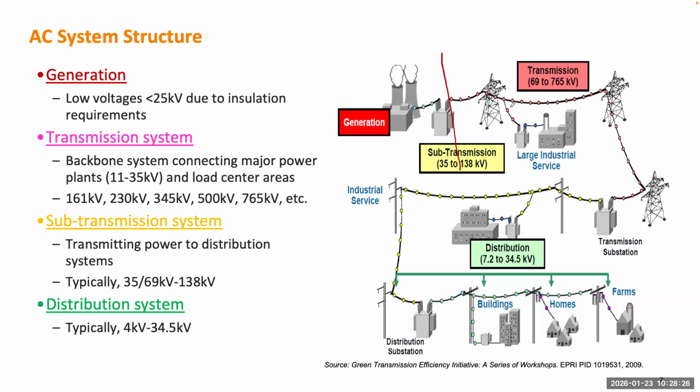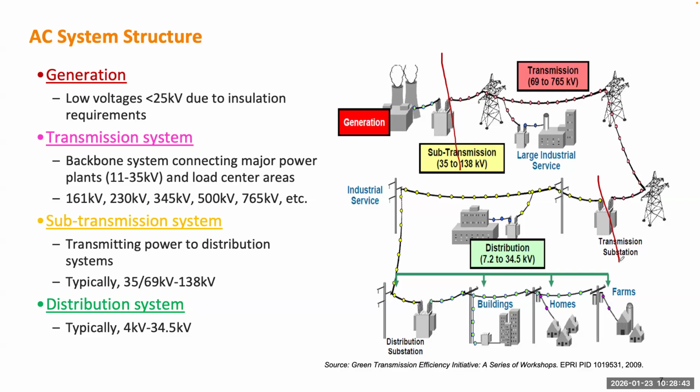So that's generation. For transmission, after the step-up transformer, you deliver electricity through the transmission lines and towers. The boundary between the transmission system and the next part, the distribution system, is pretty clear.